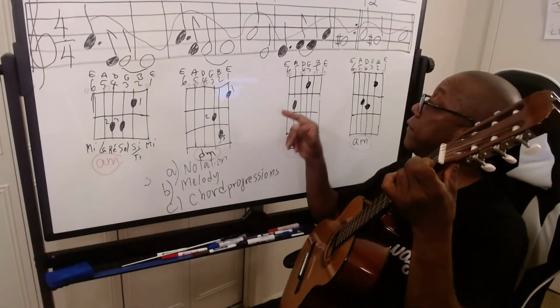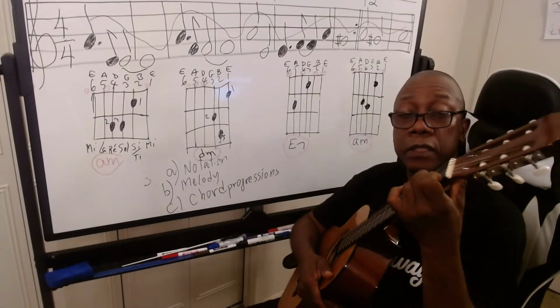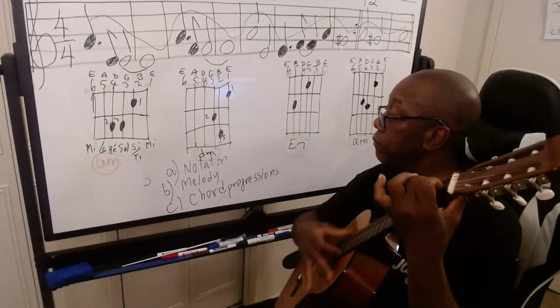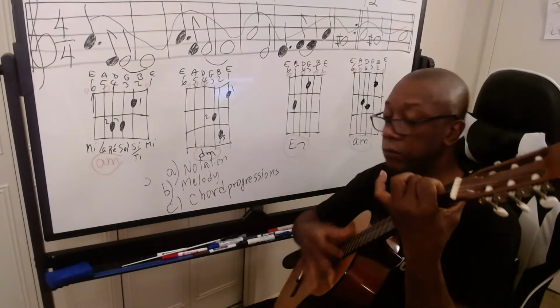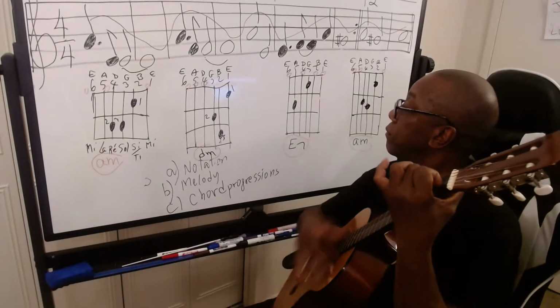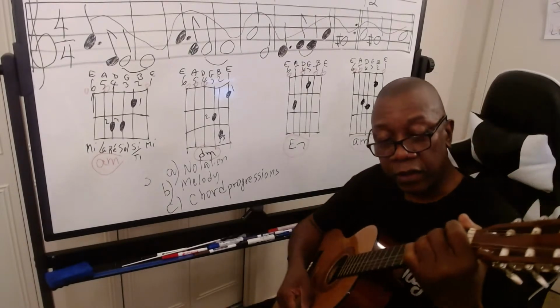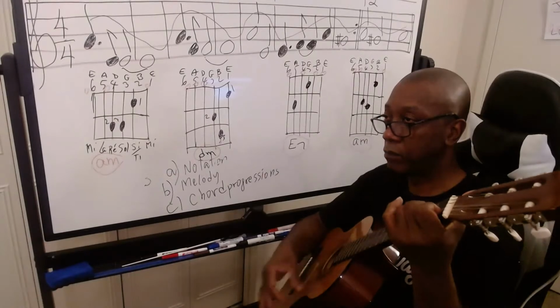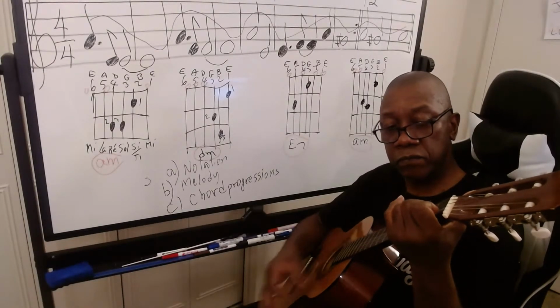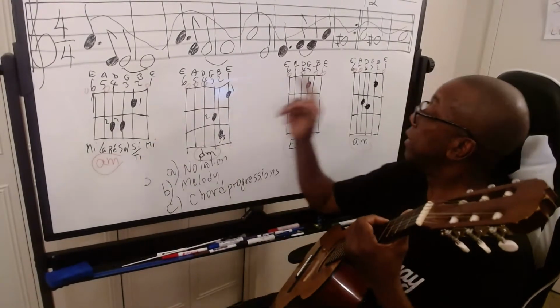Then we have the E7, and we turn home, which is the first one.